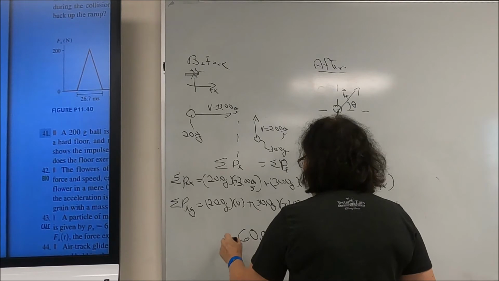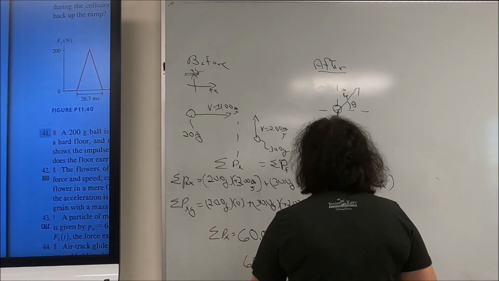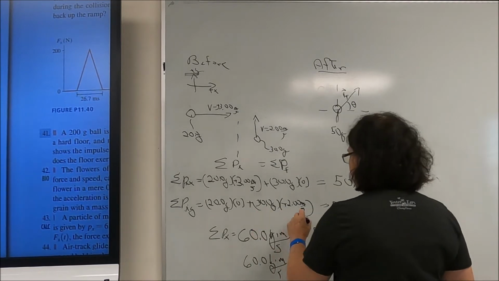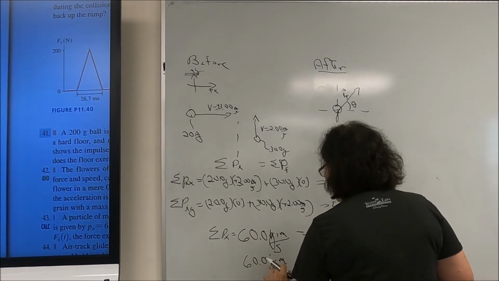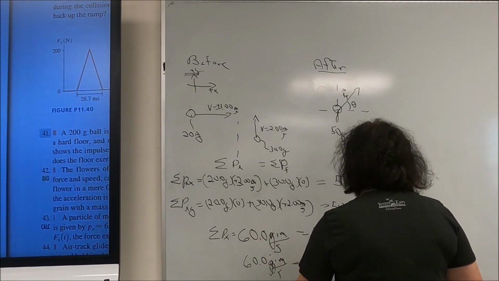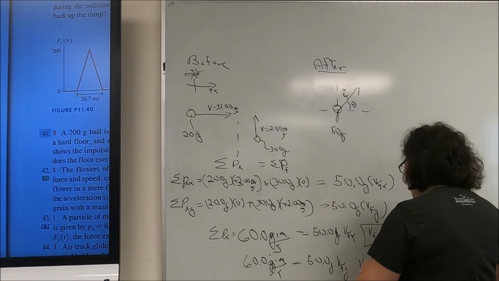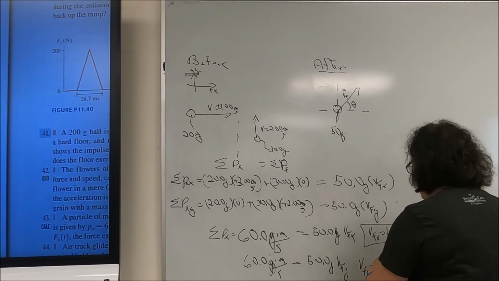If I look at the sum in the y direction, I would get 60 gram meters over seconds because 30 times 2, grams, is equal to 50 grams V final Y. And look, V final Y is also 1.20 meters per second.